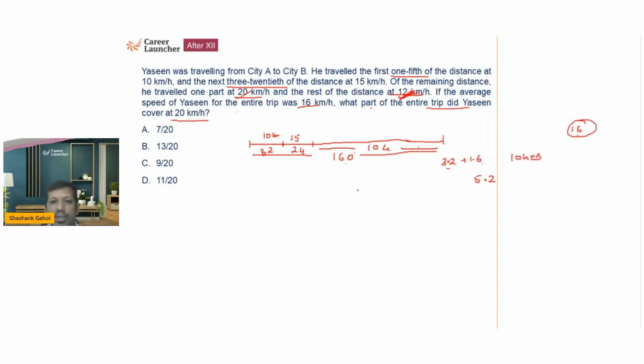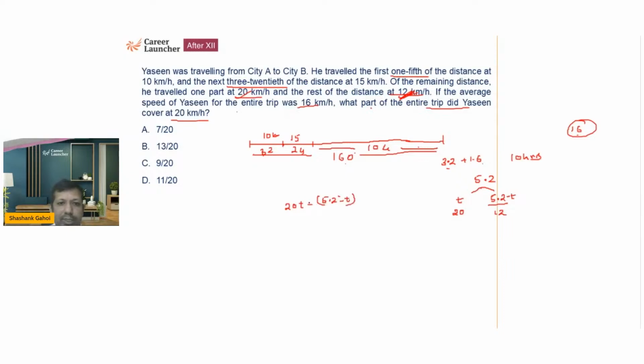Let's say I'm dividing this into two parts: T hours with a speed of 20 and 5.2 minus T hours with a speed of 12. So I can say 20T plus 12 into (5.2 minus T).